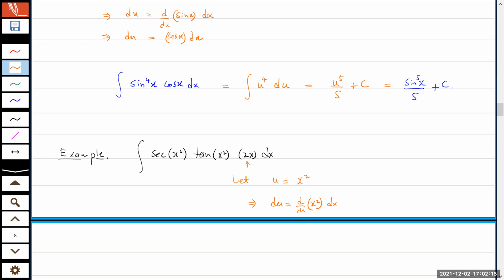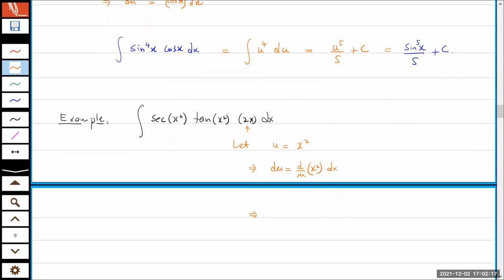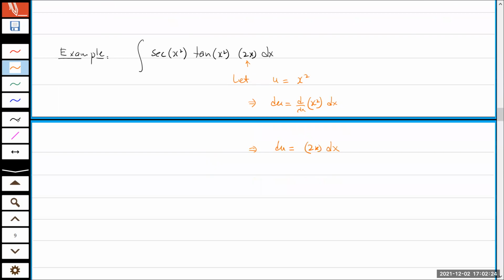Okay, this implies du equals 2x times dx. When I rewrite my integral, secant x squared tangent x squared 2x dx, this becomes secant u tangent u, and 2x dx is du.